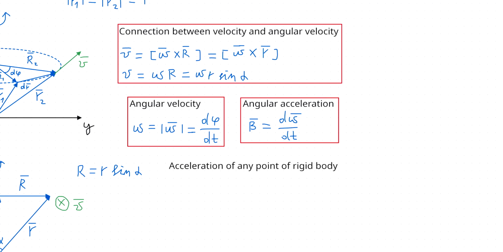But in short, we can say that tangential acceleration, I mean its absolute value, can be defined as angular acceleration multiplied by r, and this is the same as beta r sine alpha.